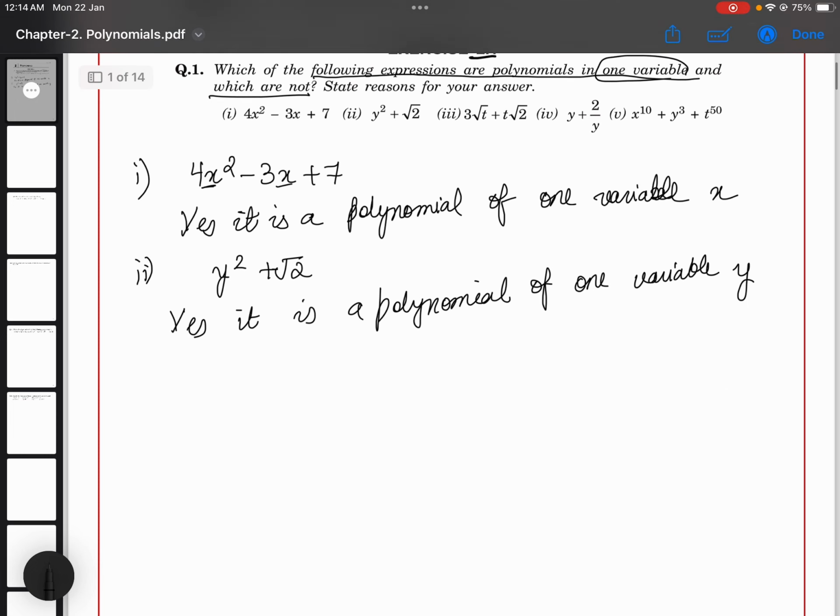Now the third question is interesting. This is root 3t plus t root 2.